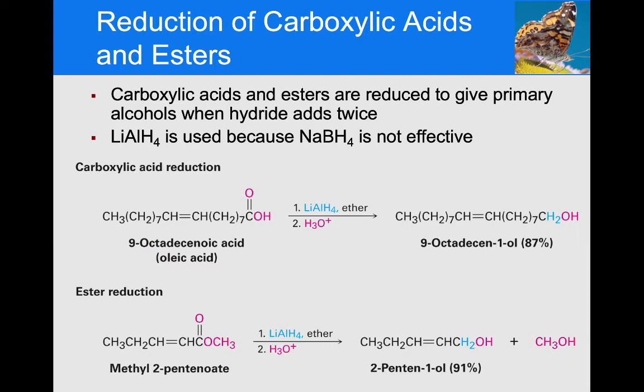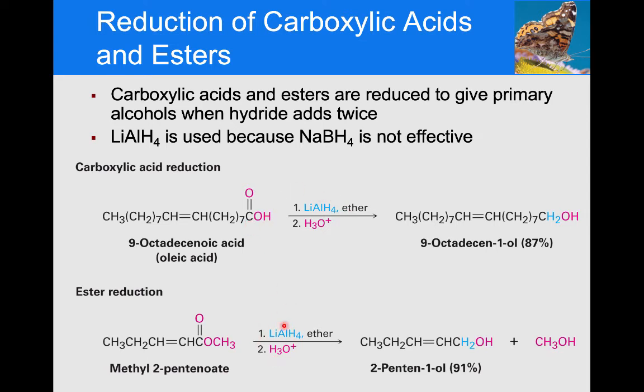So again, just like we went over, in order to reduce carboxylic acids and esters, sodium borohydride is not reactive enough, so we have to use the more reactive LAH. In LAH, in both of these cases, you add multiple equivalents of H minus. So again, the tip-off that you're doing a reduction is that you see lithium aluminum hydride, which is the H minus. That H minus is going to add to the carbonyl carbon here.